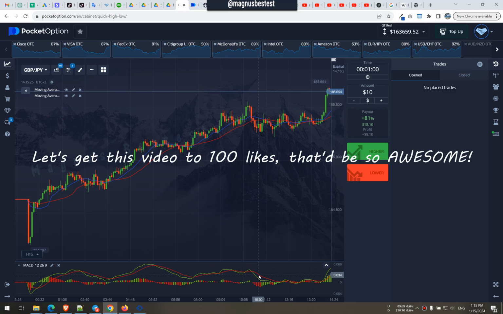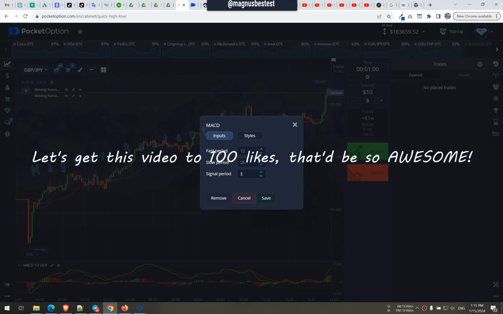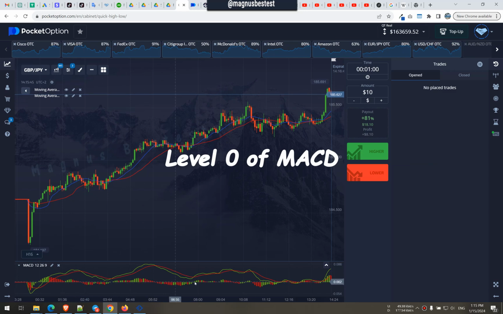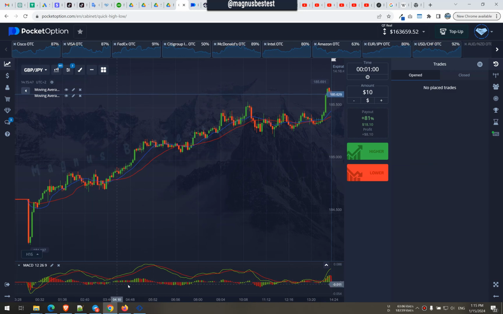Here the red line is the signal line, with the period of 9, of this distance, of the MACD line. And now how we use it, or actually let me first explain the zero point of the MACD indicator.